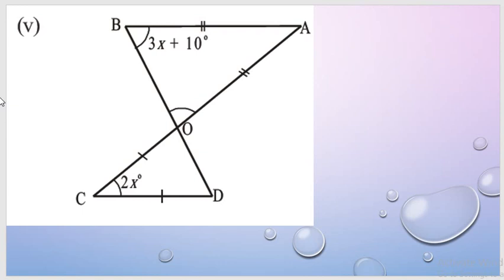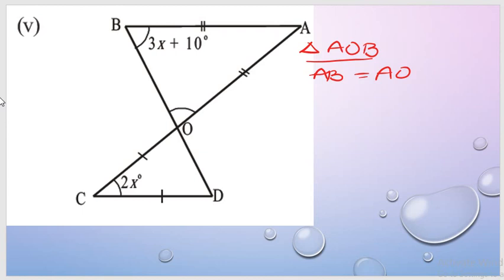In triangle AOB, what is given? Side AB is equal to side AO. So whenever side AB is equal to side AO, that means this triangle is an isosceles triangle.